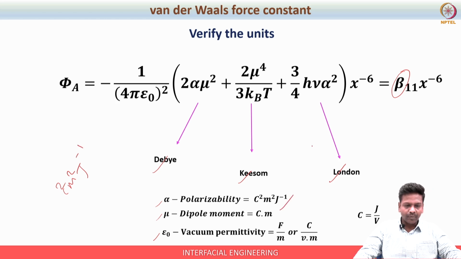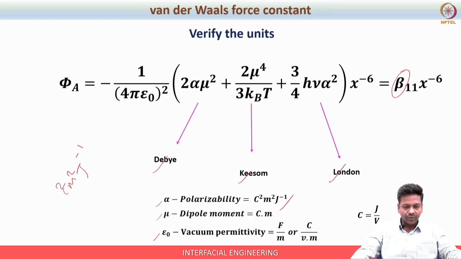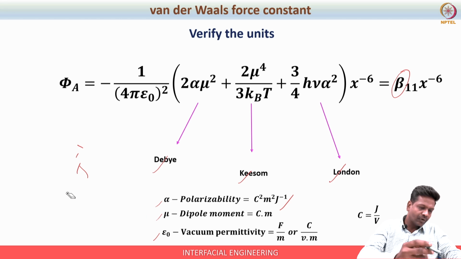And we have the dipole moment mu, which is Coulomb multiplied by meter. Since we have mu square, it will be Coulomb square meter square, so eventually you will have Coulomb power 4 and meter power 4.